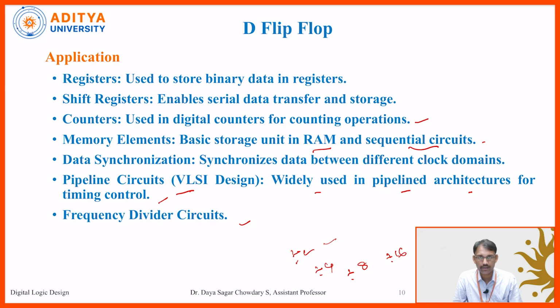That means the single clock signal coming from the PLL is given to all the other devices by using divide by 2, divide by 4, divide by 8 and divide by 16 circuits. For example, Bluetooth consumes one type of frequency and Wi-Fi consumes another, but we use only a single PLL in most electronic gadgets. So that is why this is mostly used in the frequency divider circuit. That means the D flip-flop is used as a frequency divider circuit.